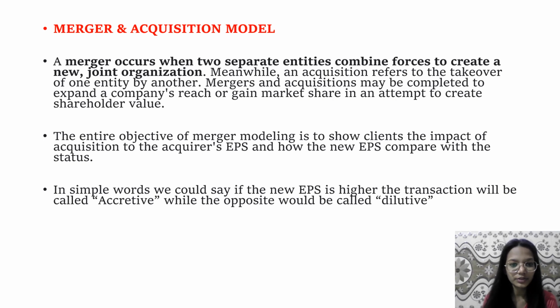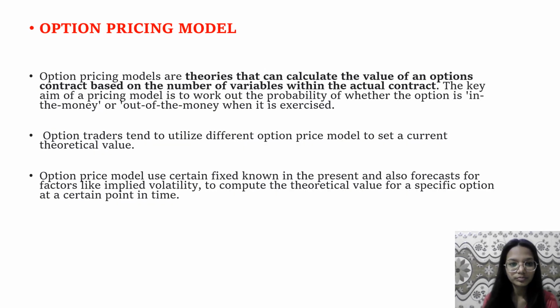The entire objective of merger modeling is to show the client the impact of the acquisition on the acquirer's equity per share and how the new equity per share compares with the status quo. In simple words, if the new equity per share is higher, the transaction will be called accretive, while the opposite will be called dilutive.